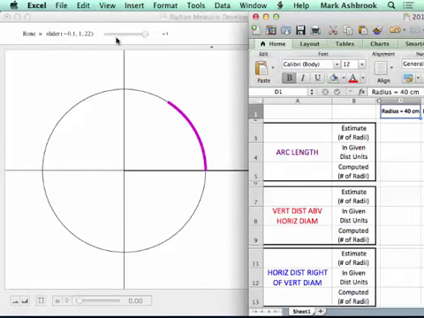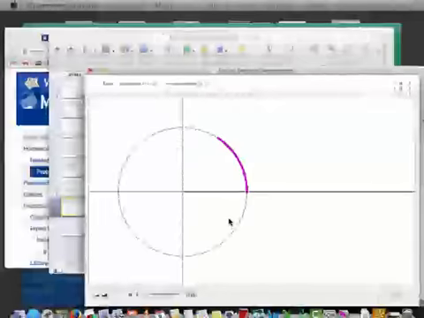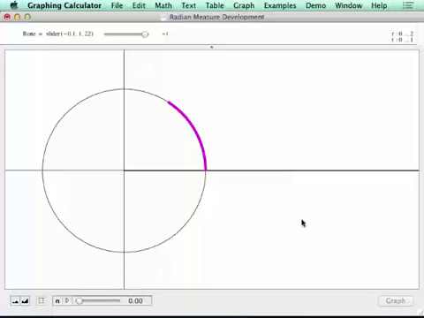So let's talk about angle. I'm going to sweep out an angle here from the positive x-axis, sweeping counterclockwise from the positive x-axis, like this.